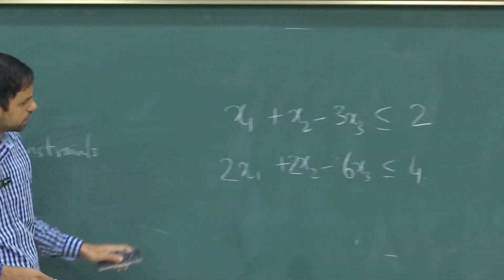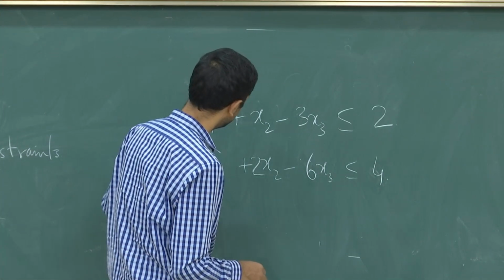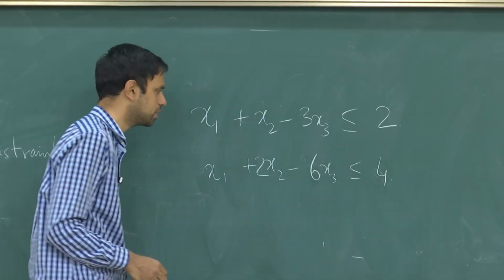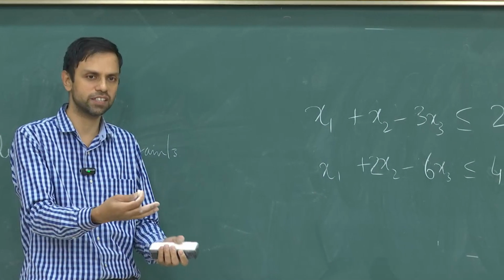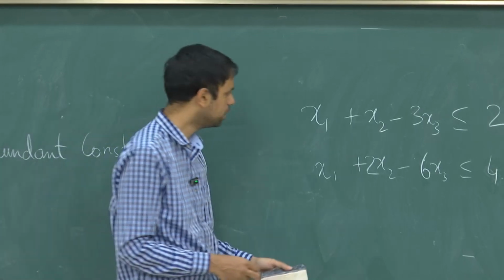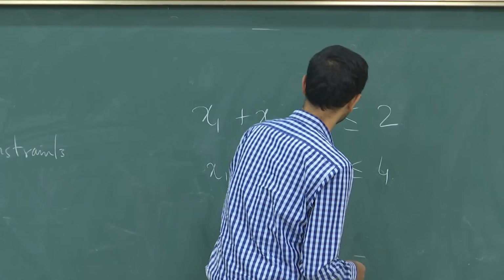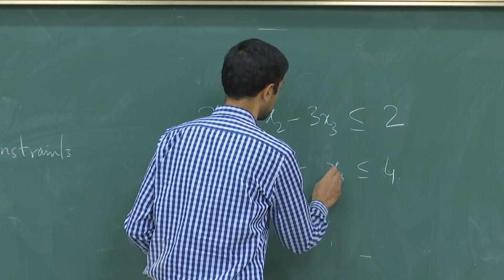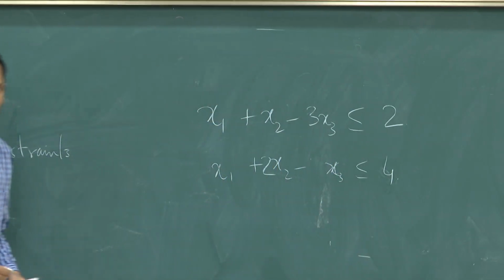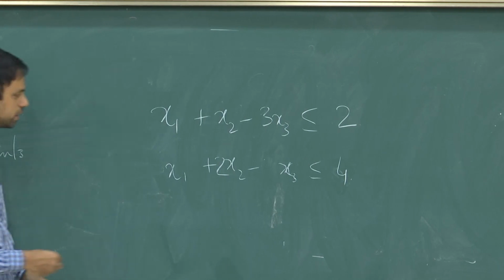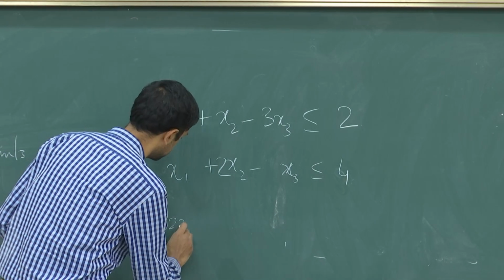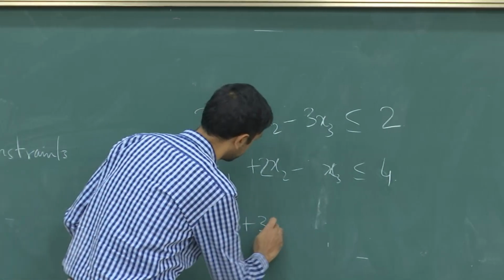Okay, a little bit more difficult is to detect whether some constraints are combinations of other constraints already. Okay, so for example, suppose I have these 2 constraints. Now they are not duplicate of each other, but suppose I have a third constraint which is just the sum of these 2 constraints.